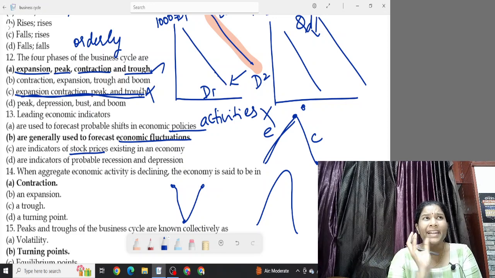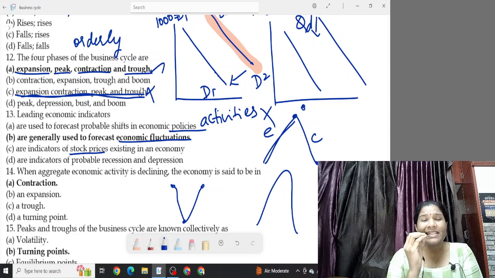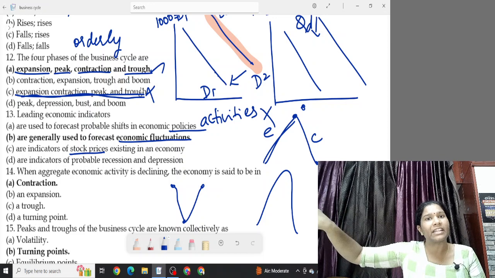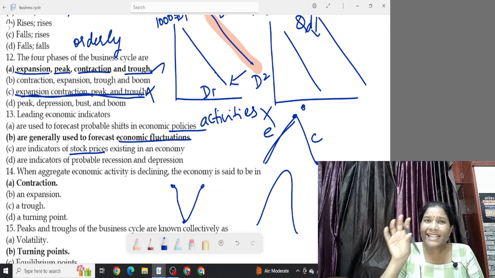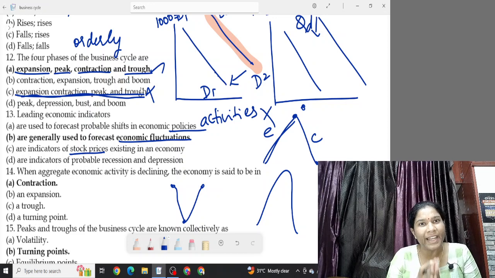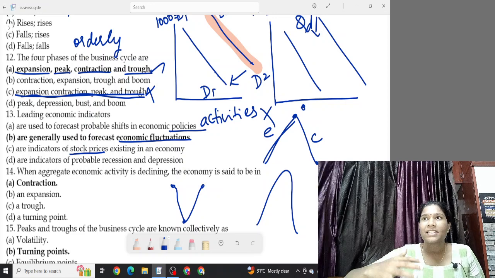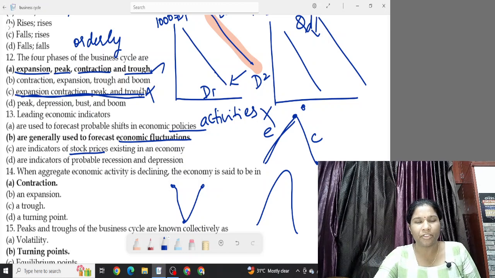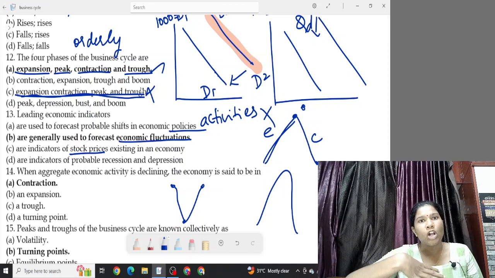Actually, a leading indicator is indicating the future fluctuations in the economic activities. Okay. One such leading indicator is a stock price. Stock price is also a leading indicator because before Tesla makes the profit out of its business, Tesla's stock price goes up.